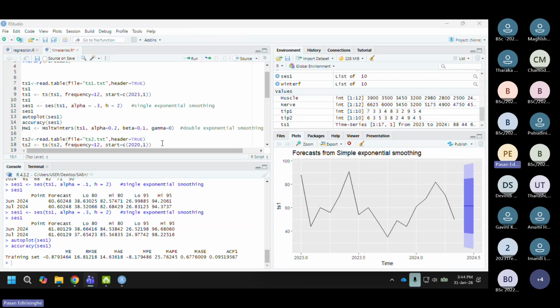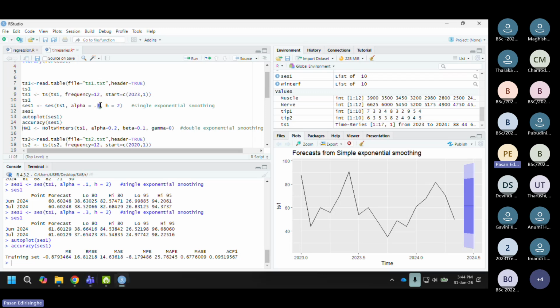Okay, sorry. So let's see that under the accuracy, you can see they are giving us those measurements we had discussed earlier, right? Now you can change the alpha here.